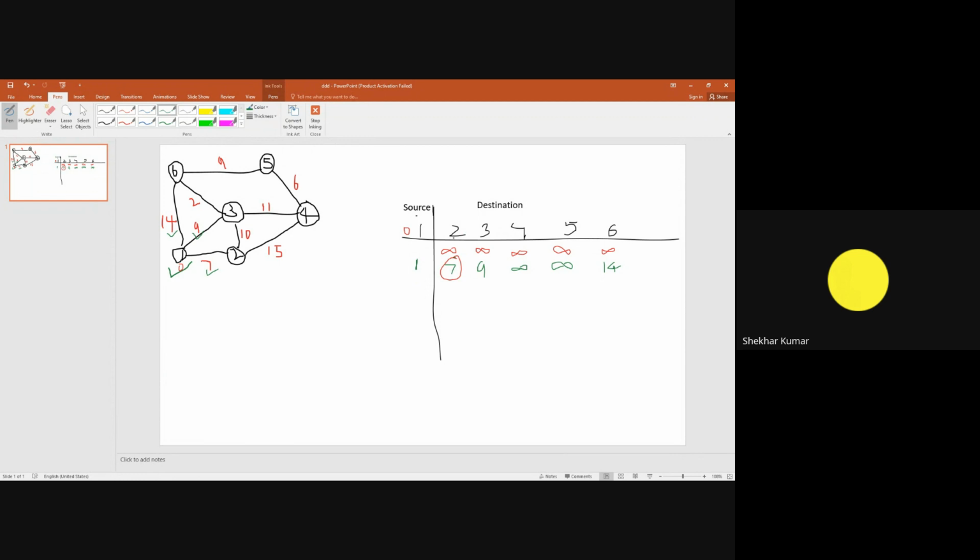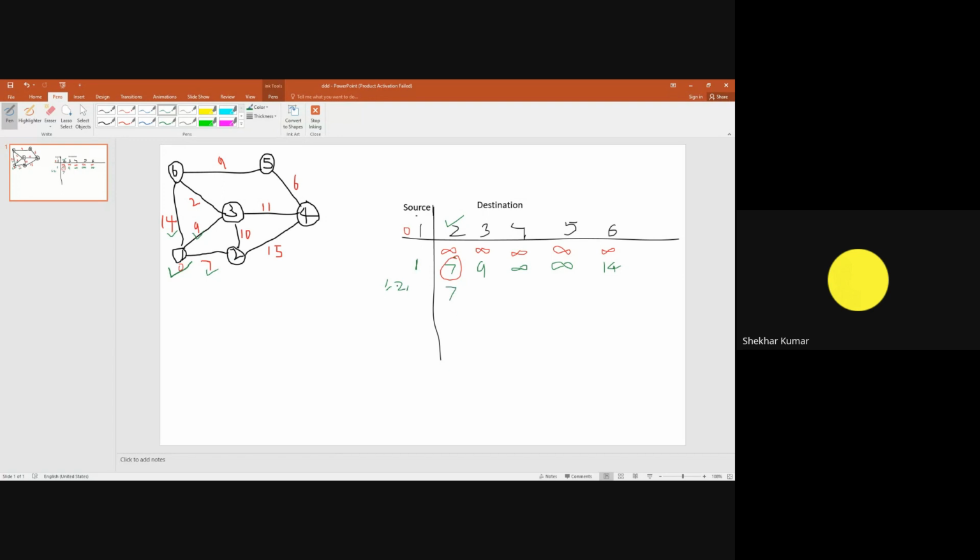So I will put this node as my source now, because I have covered destination 2 already. Now I have moved from 1 to 2. Okay. Now 7 is also covered. I have put 7 as it is.